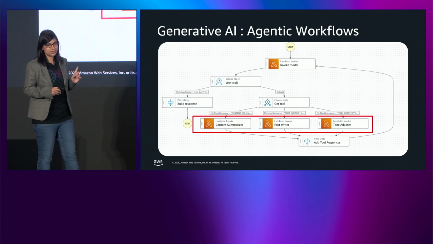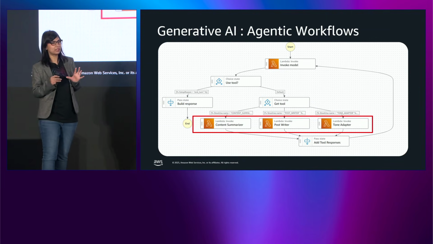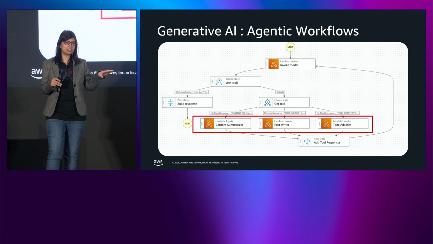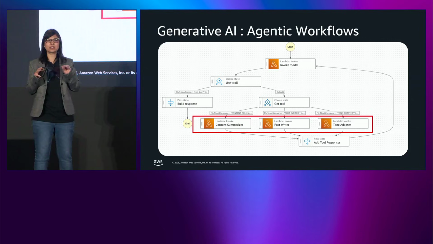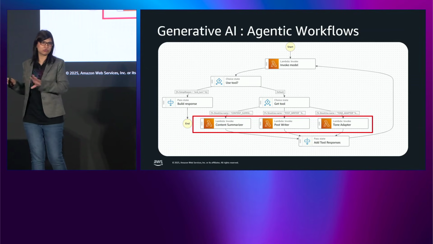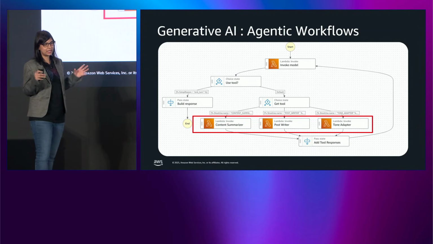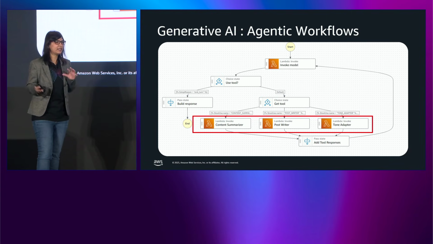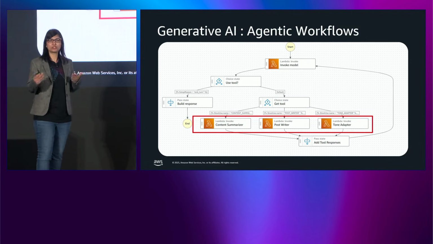This example is a social media agent that repurposes long-form content across multiple social media channels, right? Maybe LinkedIn needs it in a different format versus Facebook or some other platform. So it's able to summarize the content, post the content, and adapt the tone associated with the social media platform you are posting to.